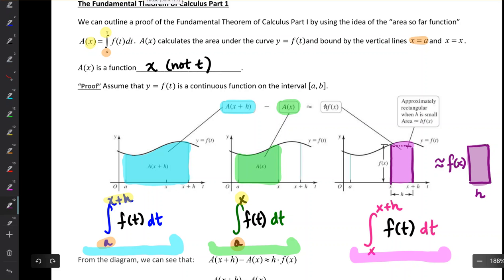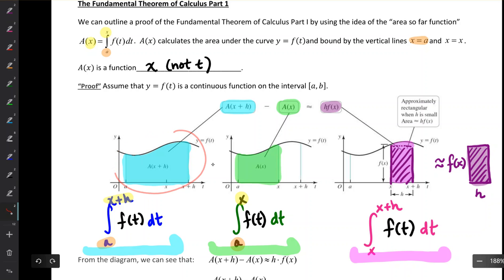So the purple area, which I drew again right here, how about we shade it? This purple area right here is very close to the pink area. And the pink area is the blue area take away the green area, right?